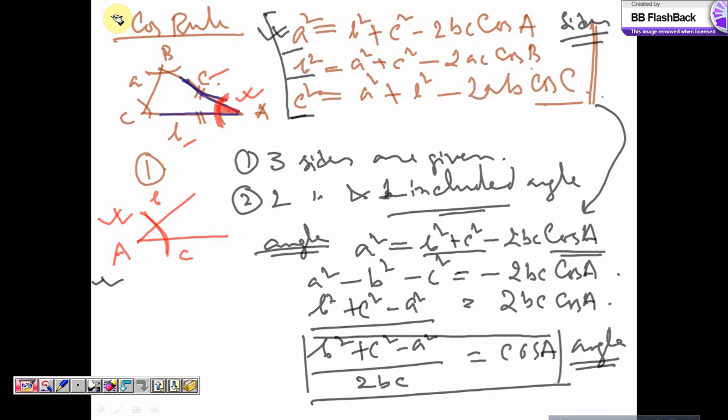So this is the cos A expression. When I have to find the angle A, you can use this expression.